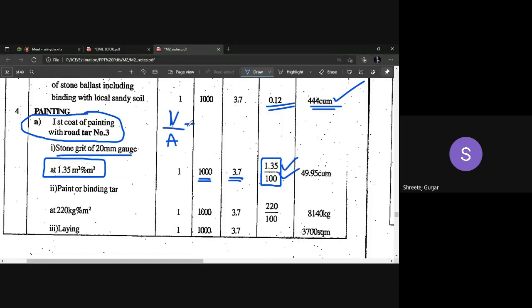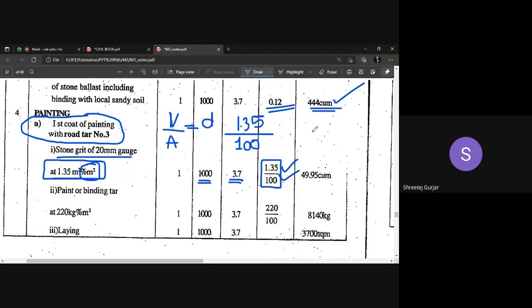As I've told you, volume by area is equal to D. The volume they have mentioned clearly, 1.35 meter cube. What about the area? No mention of area. They have mentioned a percentage. When we use percentage, it is nothing but 100, right? We divide our number by 100 when we are using percentage.